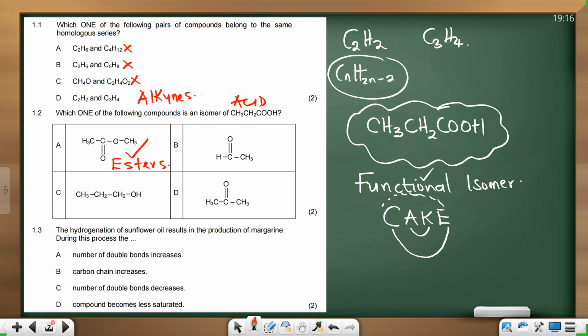I have a methyl ethanoate, which is correct. Is there anyone in the house who is not sure about how to name an ester? Because we just want to pass through quickly. Let me know.